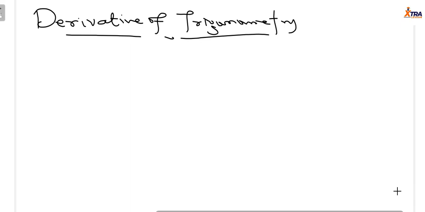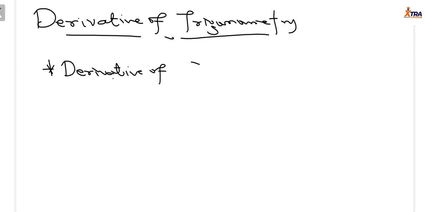So we have derivative. Let's take it. Derivative of sine x.